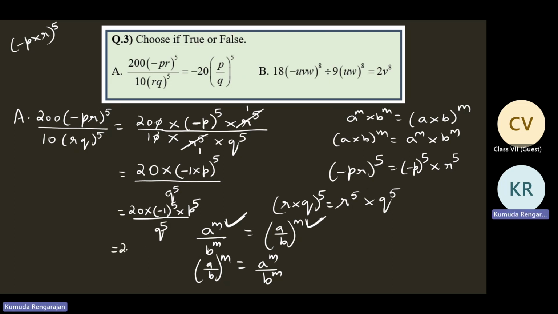This is equal to 20 into minus 1 raised to the power 5. What is minus 1 raised to an odd number? It's minus 1. So this is minus 1 into p to the power 5 and q to the power 5, which you can write as p by q the whole power 5. Now what is 20 into minus 1? Minus 20, into p by q to the power 5.